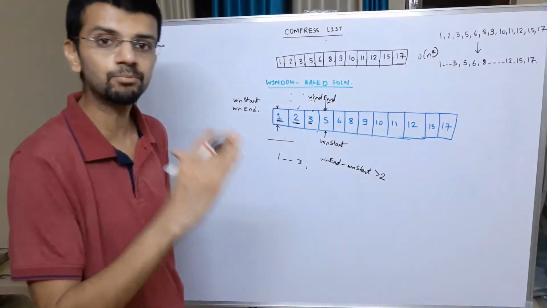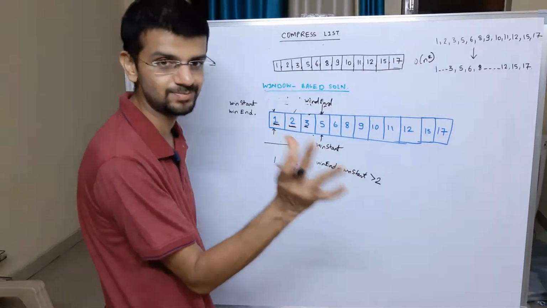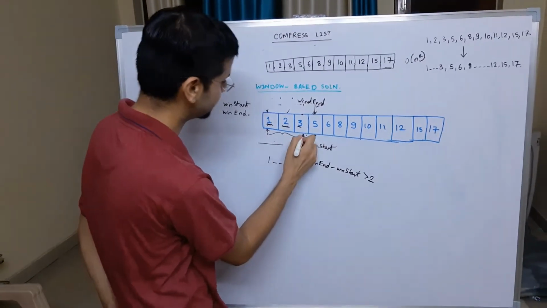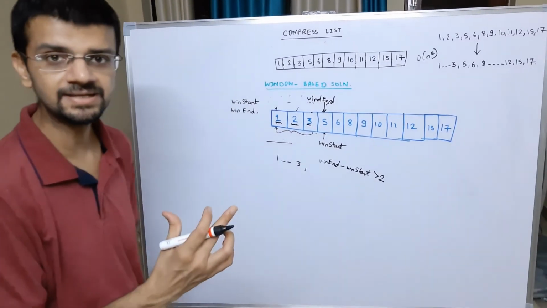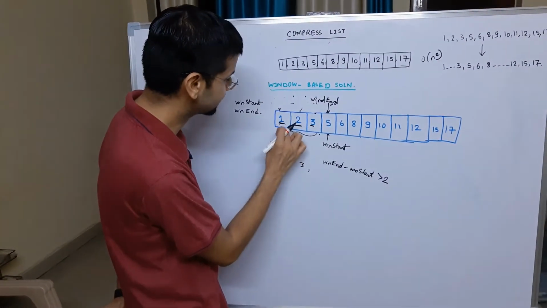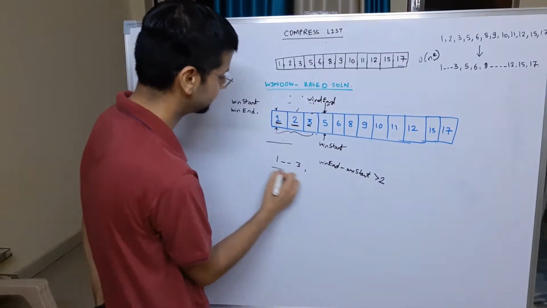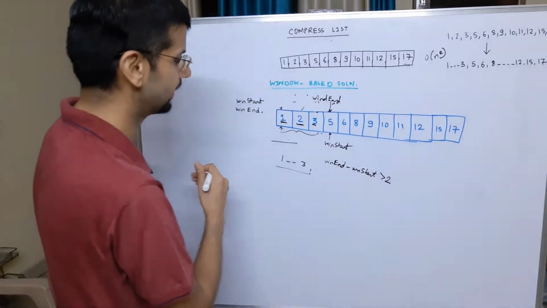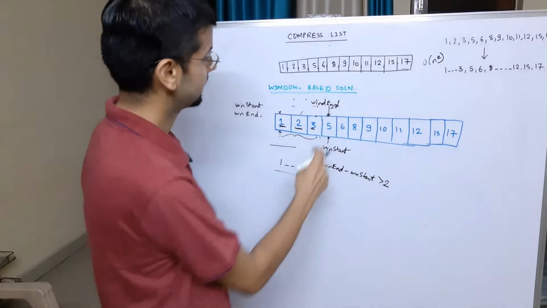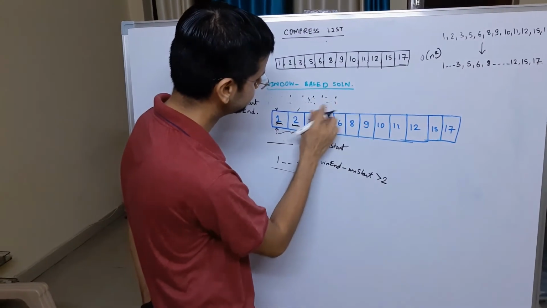The moment we get a blocking element, we'll check how far the frame size has become. If the frame size is greater than 2, then we'll make it a pattern and we'll take the first and the last before resetting our pointers, and we'll just store it as a result somewhere, and then we'll move ahead. Again we'll move ahead, window start and window end. We'll come to 6.